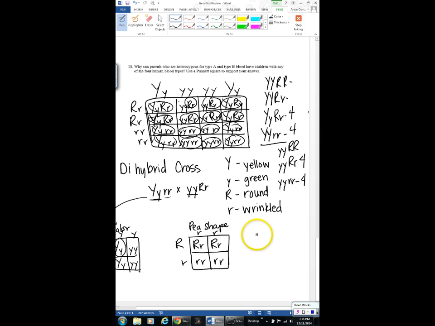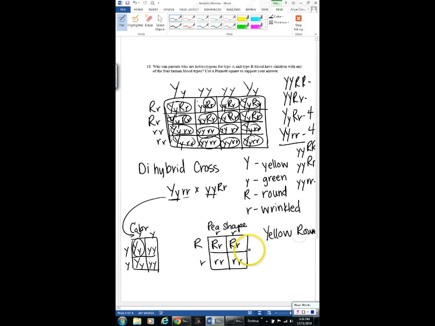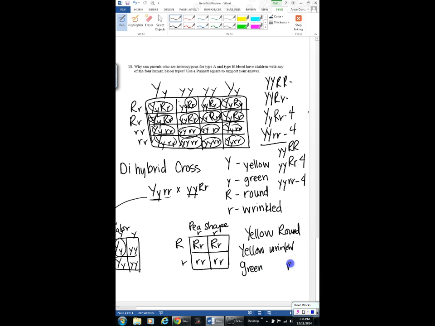So now we have to transfer that to our phenotype. So our phenotype is, we can do yellow and round, which would be dominant, which is our first number. We could do yellow and wrinkled. We could do green and round. Or we can do green and wrinkled.